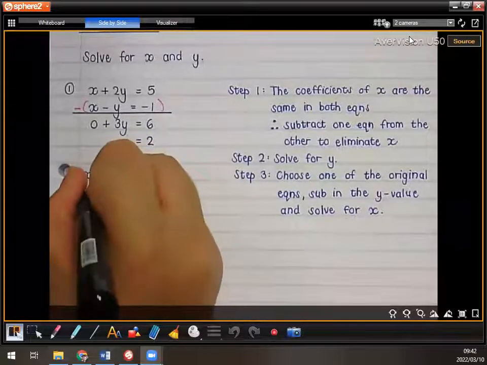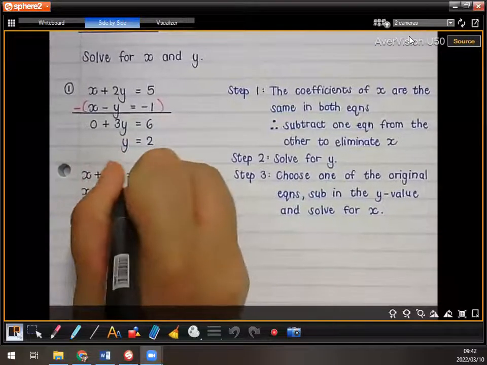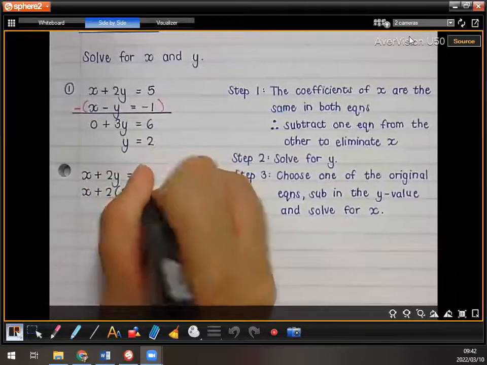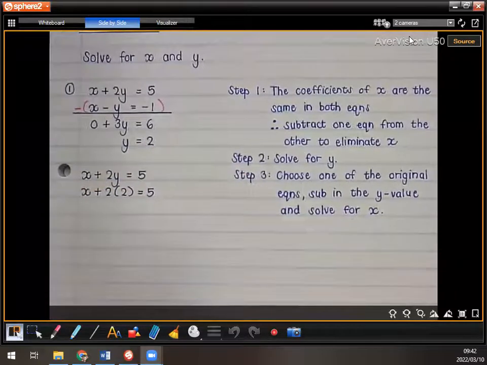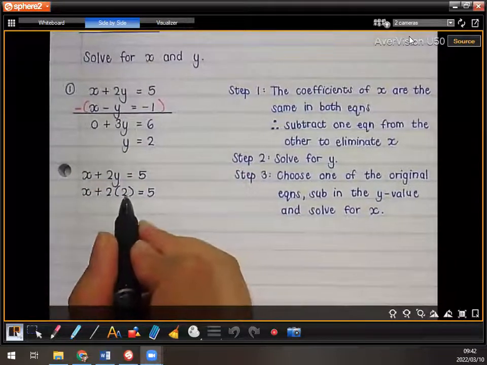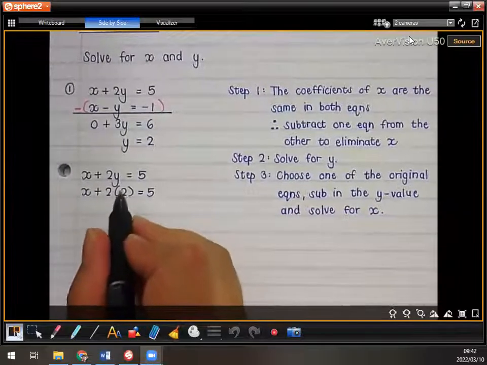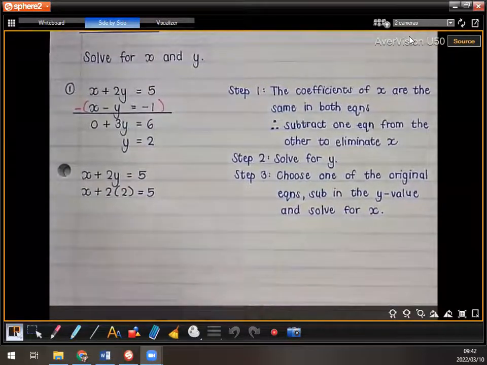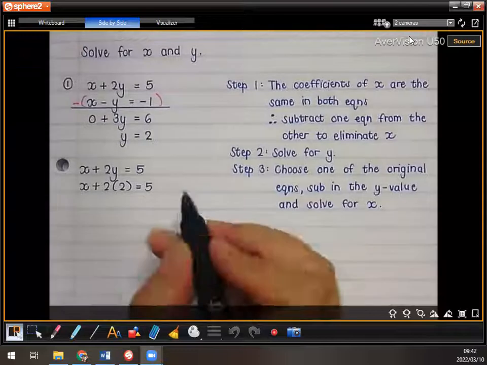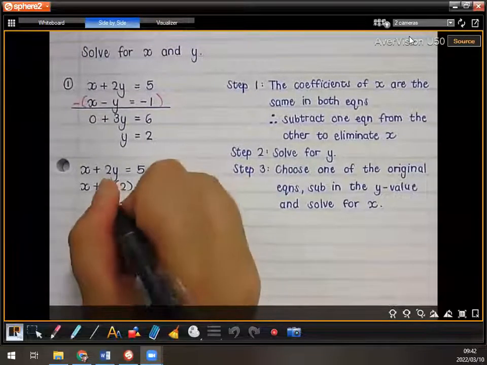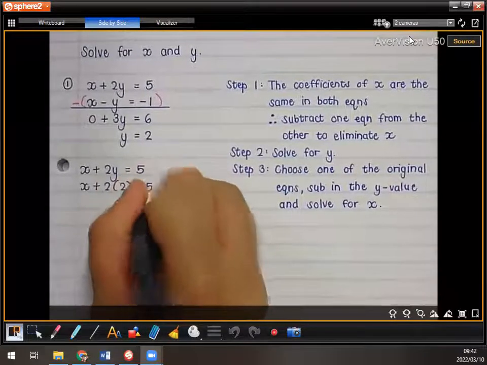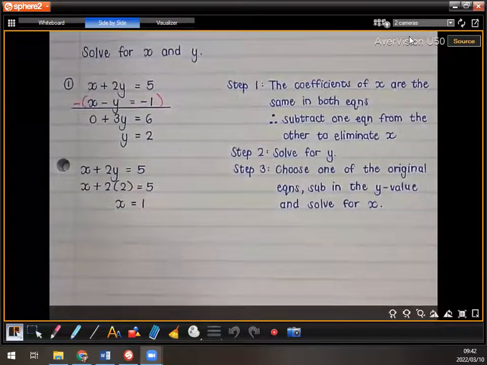So I'm going to say x plus 2 times 2 equals 5. So that's x plus 4, right? So when I move that plus 4 over to the other side, it's going to become minus 4. So we're going to have 5 minus 4, which is 1. Which is what we got when we did substitution.